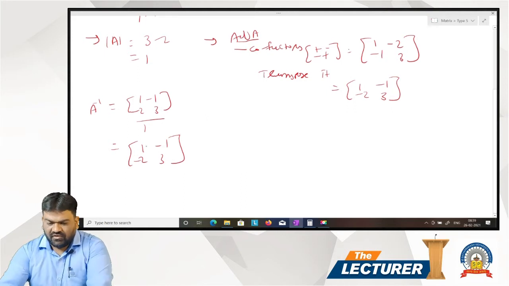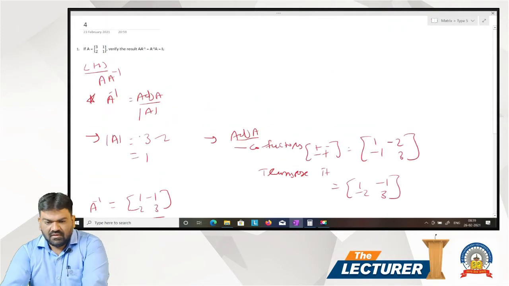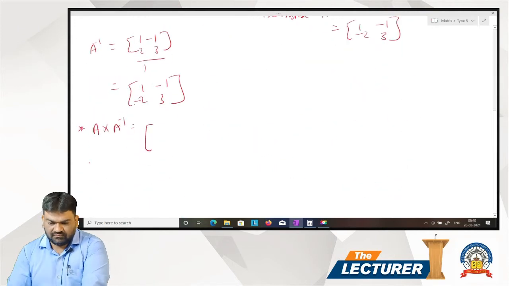Now first result, that is A multiplied by A raised to minus 1: A is [3 1; 2 1] multiplied by [1 minus 1; minus 2 3].